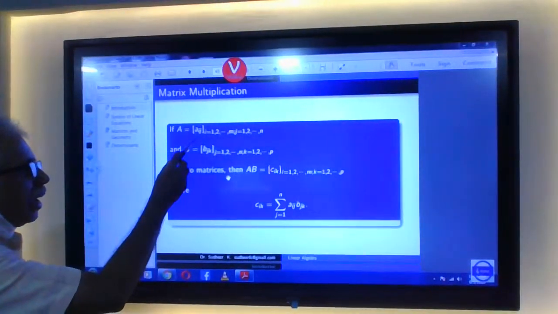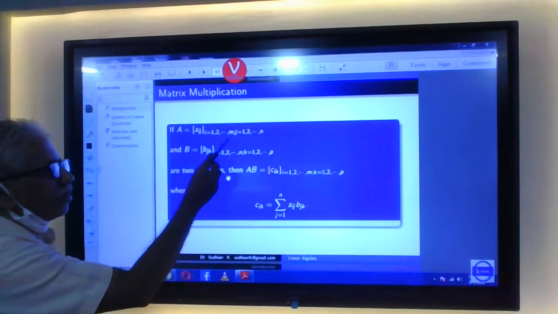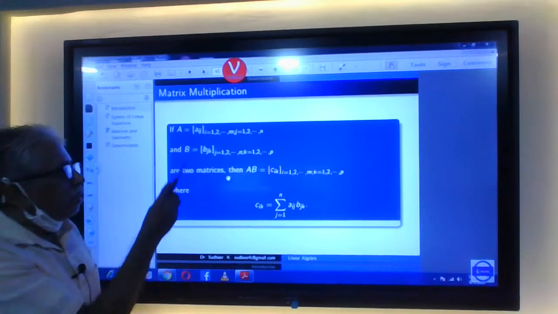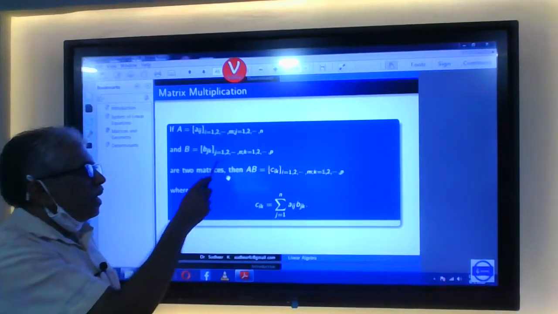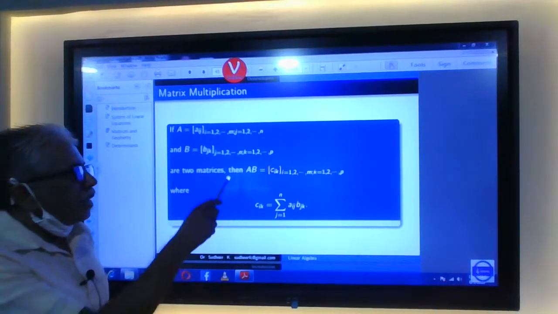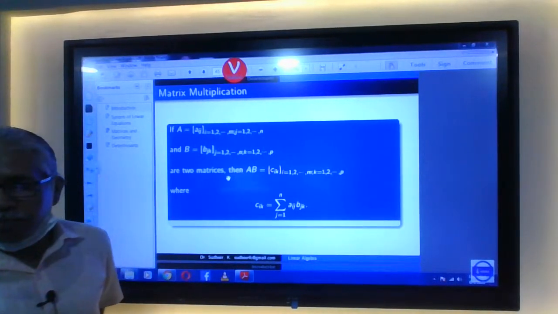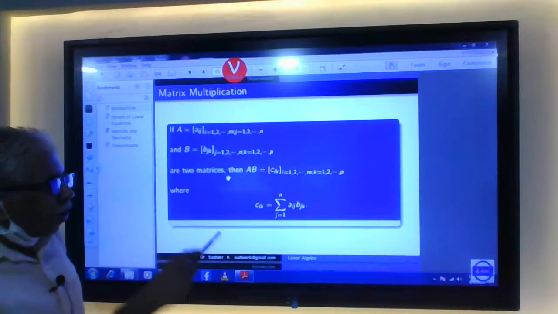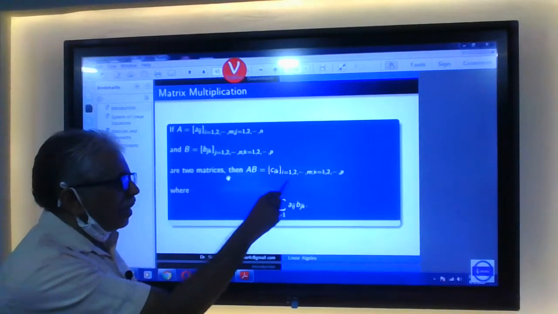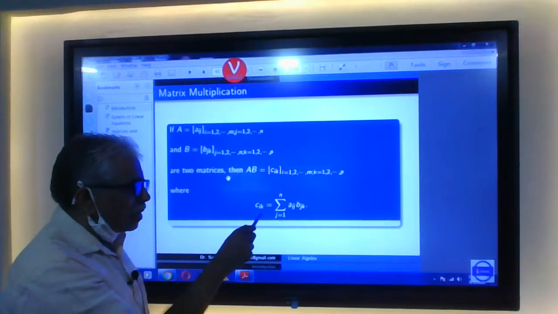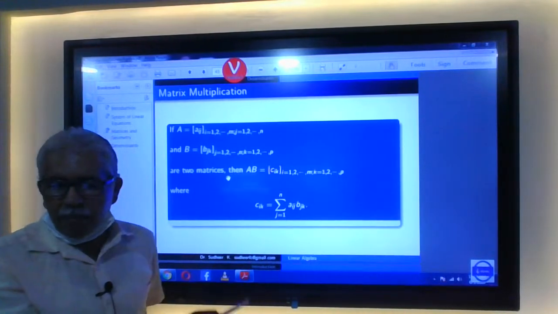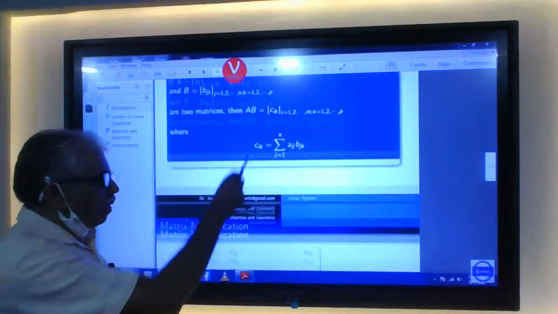If A equal to Aij, i equal to 1 to m, j equal to 1 to n, it's an m by n matrix, and B equal to Bjk, j equal to 1 to n, k equal to 1 to p, is an n by p matrix, then the product AB is written as Cik, where the general entry Cik is summation j equal to 1 to n Aij Bjk.